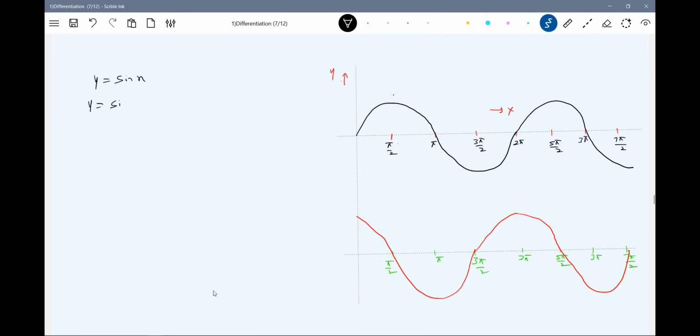Let a small change in x be delta x, and the corresponding change in y be delta y. Then let's expand the sine a plus b formula: sin x cos delta x plus or minus cos x sin delta x.